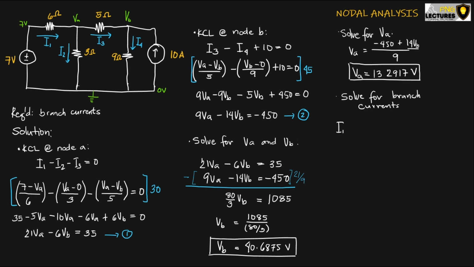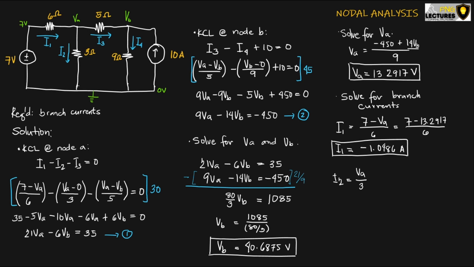So we have I1 simply equal to 7 minus VA over 6. Substituting the value of VA, we can solve for I1, which is equal to negative 1.0486 amperes. The negative value of I1 means that the assumed direction of the current is opposite to the actual direction of the current for I1.